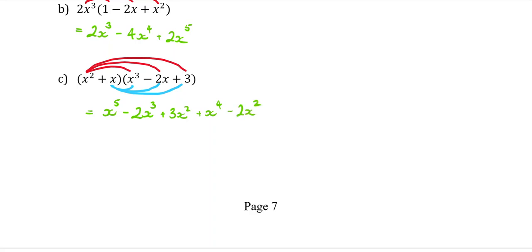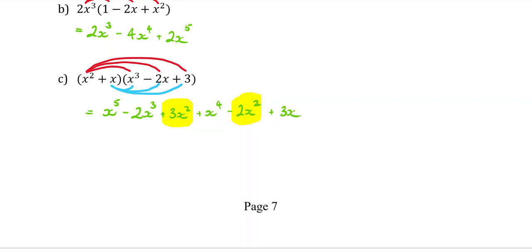And then x times 3 will be plus 3x. Now it is quite likely that I have some like terms in here. Let's have a look. X to the power of 5, that's the only one. X to the power of 4, x to the power of 3. But we've got 3x squared and minus 2x squared that are like terms that will go together.